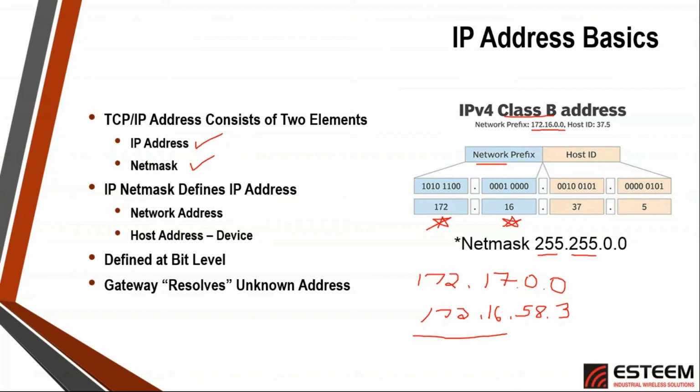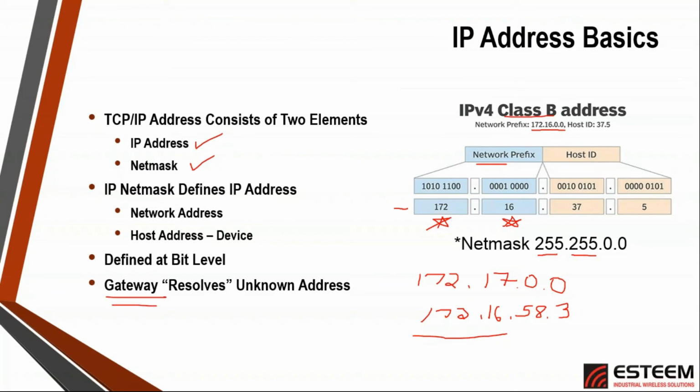So what is different here is that if a device is trying to communicate out to an address that isn't on its own network, the device is programmed to handle that. In this case, it has the address of 172.16.37.5 and tries to talk to an address that's 172.17.37.5. That's on a different subnet, so it actually gets pushed out to what's called the gateway.